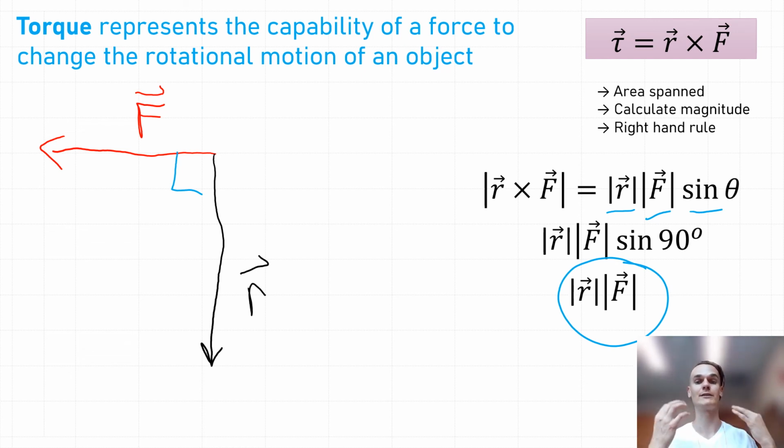You maximize torque, you maximize the cross product whenever the two vectors are at right angles to each other. So the smallest angle between the force vector and the position vector was 90 degrees. And you intuitively know this. In order to maximize the change in rotational motion, you have to push at a right angle to the rotating door. You have to push at a right angle to the position vector.